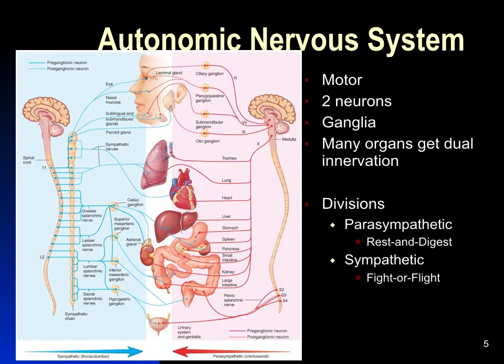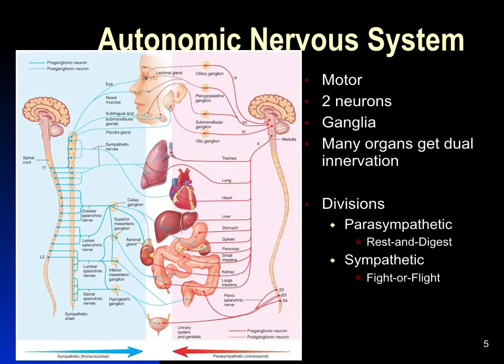So this system is, again, a motor system, involves two neurons outside the central nervous system, involves ganglia outside the central nervous system, and a synapse. Their organs are generally going to get dual innervation from the two divisions of this autonomic nervous system.